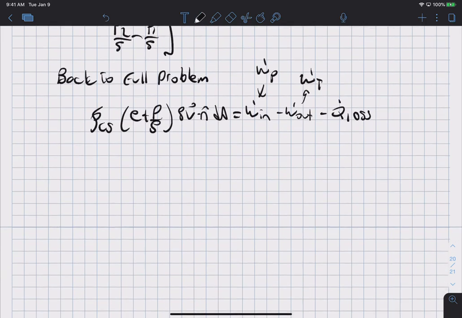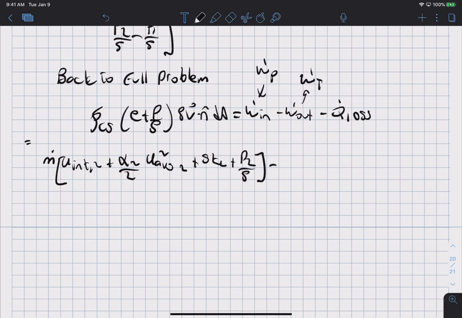So we have m dot times u int at state 2 plus alpha at state 2 over 2 times u averaged squared at state 2 plus gz2 plus p2 over rho, minus m dot times u int at state 1 plus alpha 1 over 2 u averaged at state 1 squared plus gz1 plus p1 over rho.